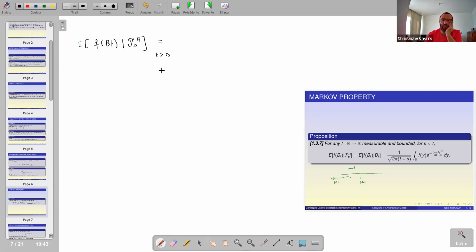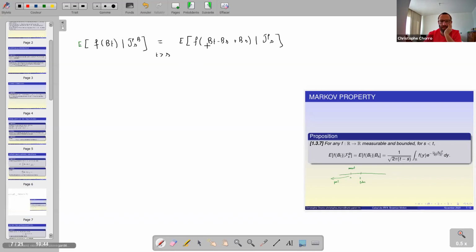As usual, we are going to make appear a part that is F_s measurable and a part that is independent with respect to F_s. So I make appear the Brownian increment B_t minus B_s, and I add B_s, given F_s. And I am in the classical situation where I have here a part that is independent of F_s, and here a part that is F_s measurable.